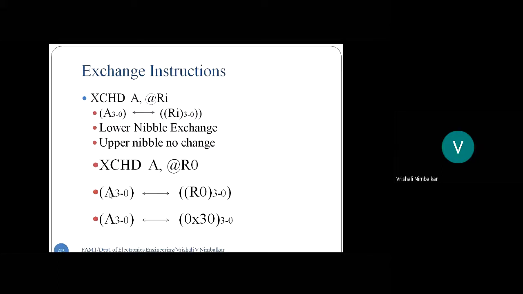So in the accumulator only the lower 4 bits are exchanged with the lower 4 bits of the data in memory. Okay. So R0 is a pointer. The brackets around R0 show an address. So 30 hex is an address available in R0, and data from this address is picked up and exchanged. Right?